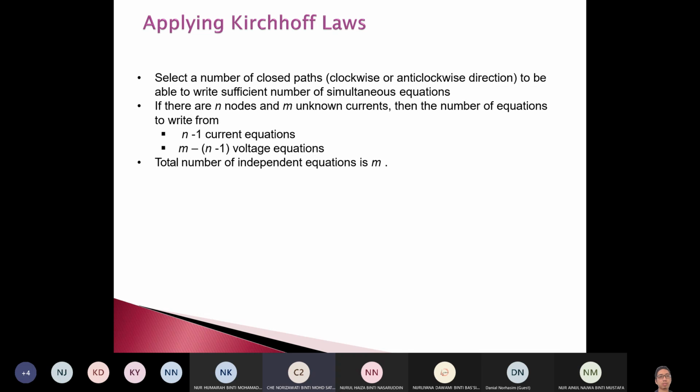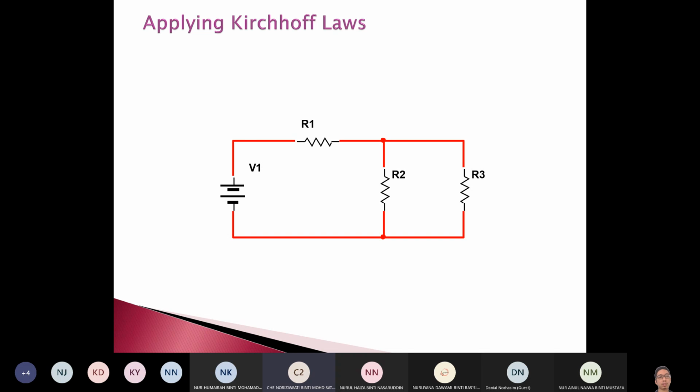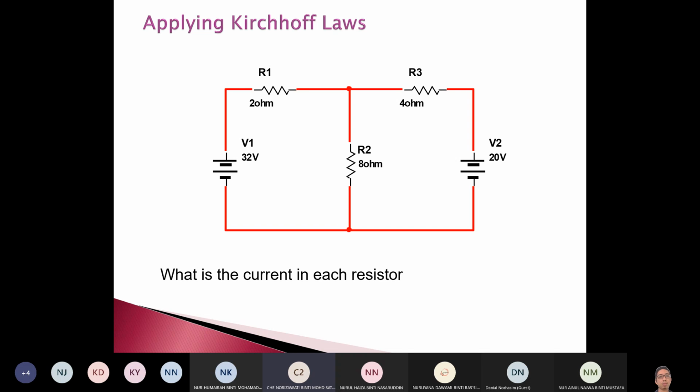N nodes. And how many unknown currents? We have 3 unknown currents. We have one node, and then we have another node over here.